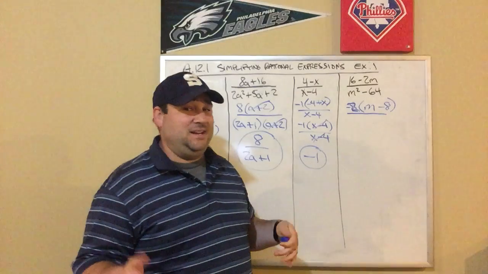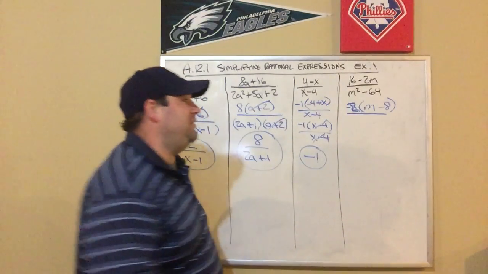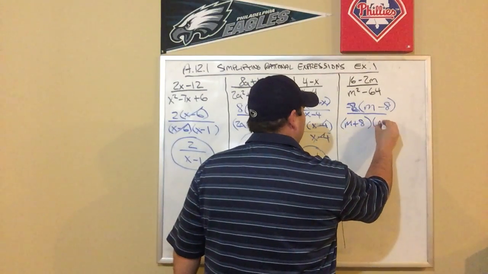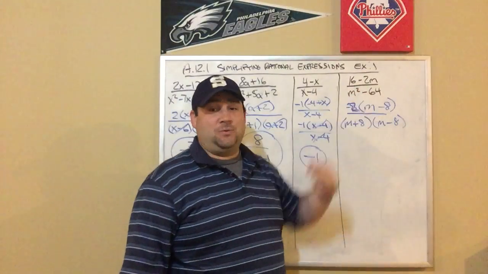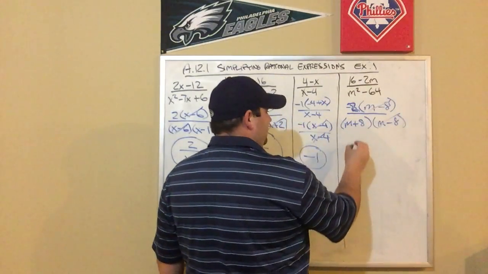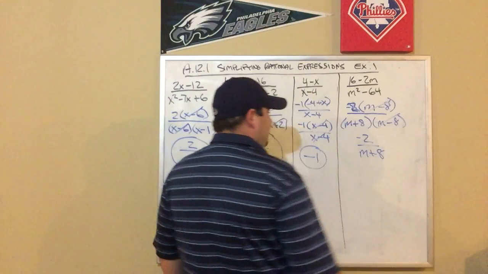I told you that's never going away, difference of squares. When we have a perfect square minus a perfect square, that can be factored as m plus 8, m minus 8. And if you were to do the FOIL method on that, you'd get m squared minus 64. Now, my m minus 8's cancel out, so I get negative 2 over m plus 8.